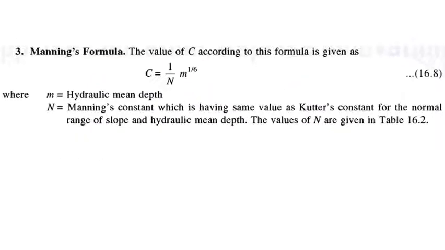And again Manning's formula, given by C = (1/N) M^(1/6). Here M is the hydraulic mean depth and N is Manning's constant, which is the same as Kutter's constant.